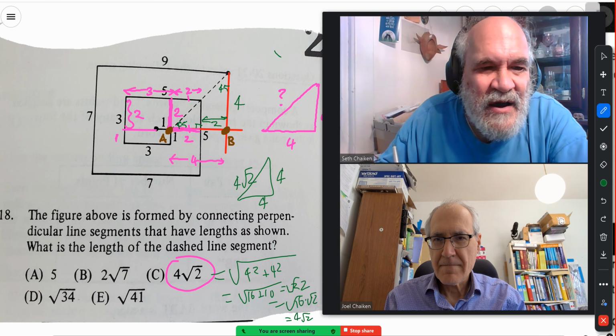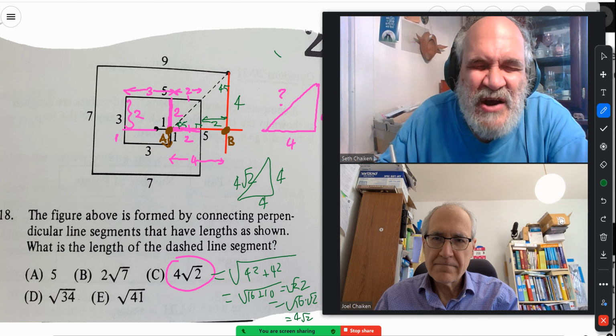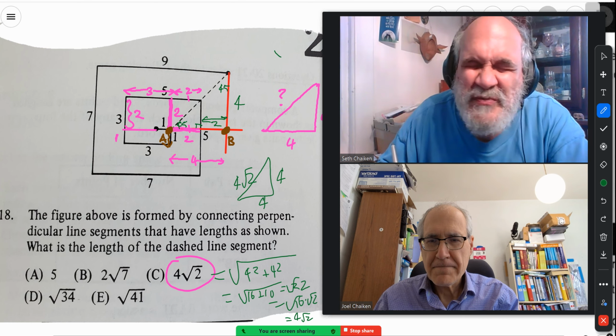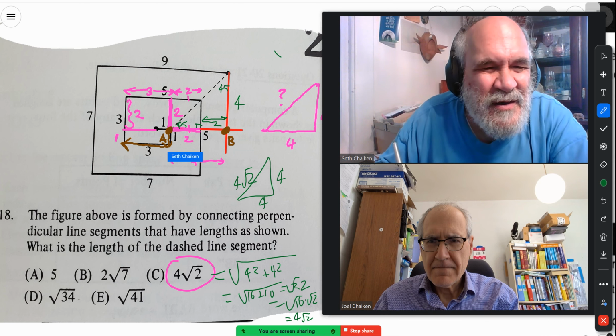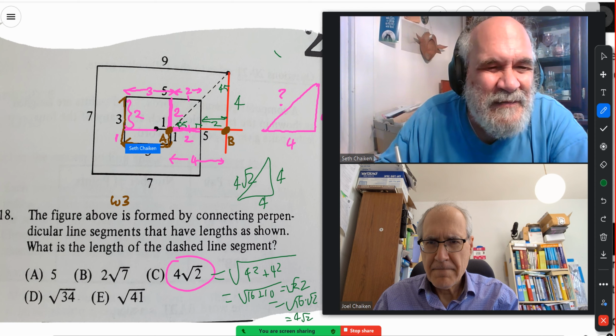You go down by 1, which does not change how far you are east and west. Right. So you forget about the 1. And then you go west by 3. And you record that you went west by 3. And then you go north by 3.